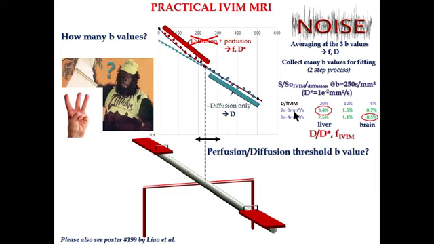I just show here a simulation. If you take the usual units, it's 10 for D star and 1 for diffusion. If you take, for instance, 0.8 times 10 to the minus 3 for the brain and 2 in the liver, just an example, you see that with 250 seconds per millimeter square, in the brain the perfusion part is only 0.5%, so it's really negligible.